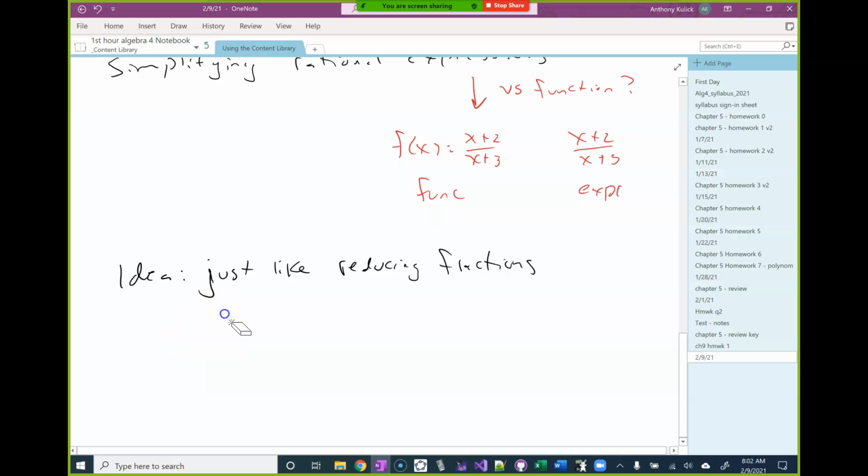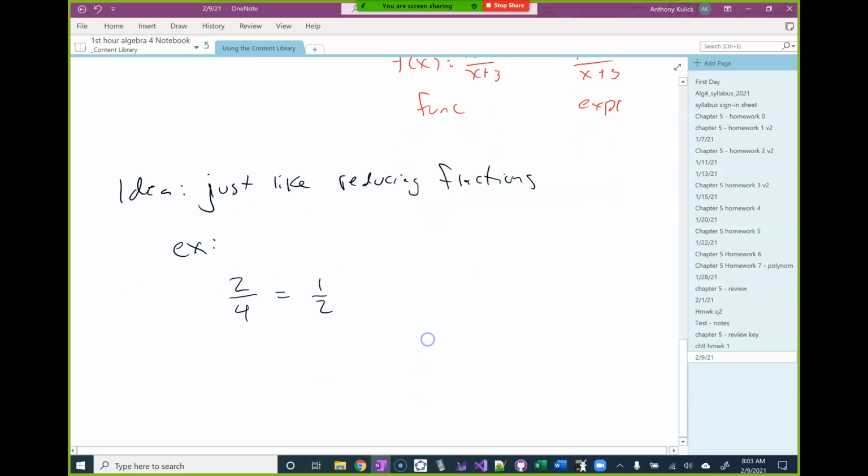So let's go back and review that process. If I give you something like 2/4, what does that reduce to? 1/2, right? Most of us can do something like that in our heads. What is it that we're actually doing in our head there, though?